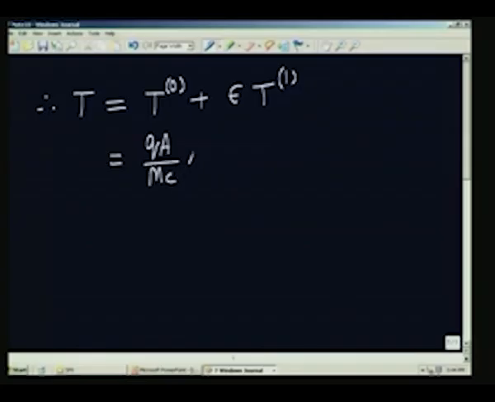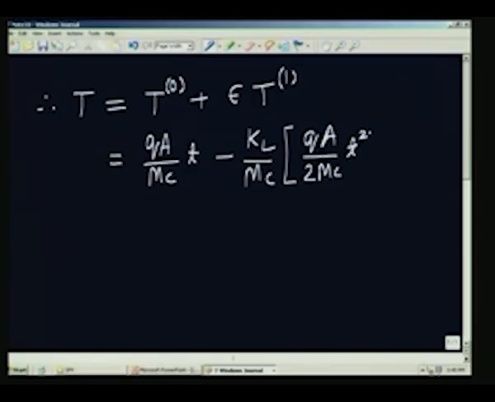Therefore, T will be equal to T naught plus epsilon T1, and T naught is qA by mc into t minus epsilon, which is kL by mc, multiplied by qA by 2mc into t squared.